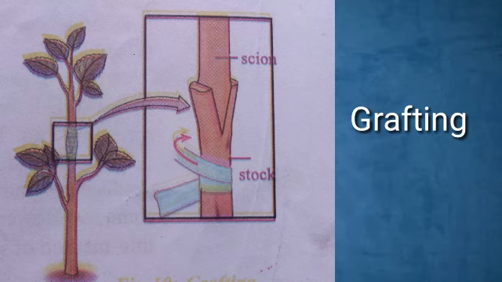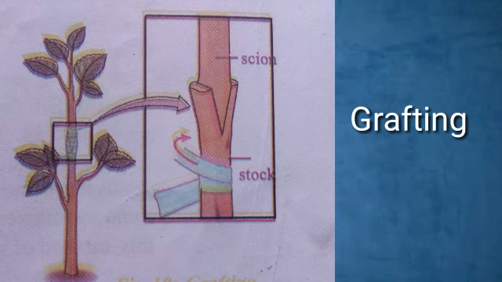The cut stem of another plant, the part taken from it for fixing, is called the scion. The scion is brought and fixed above the stock plant, covered with a polythene or plastic cover, and twined.